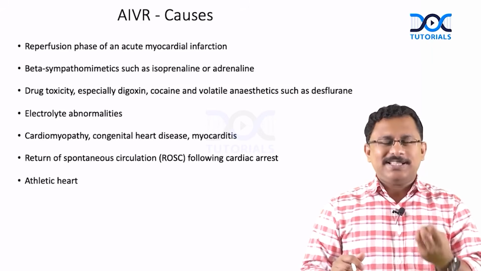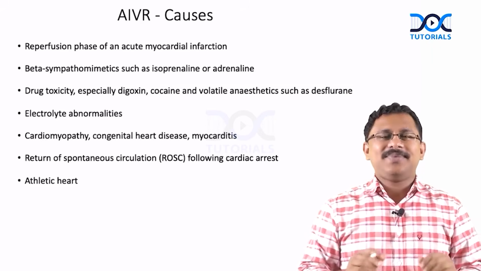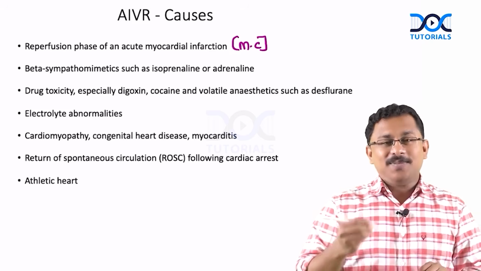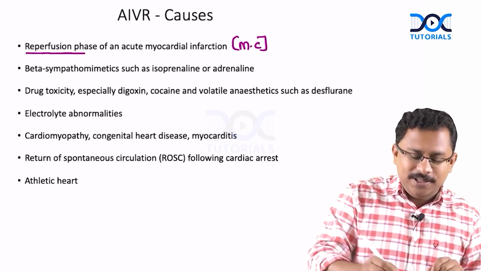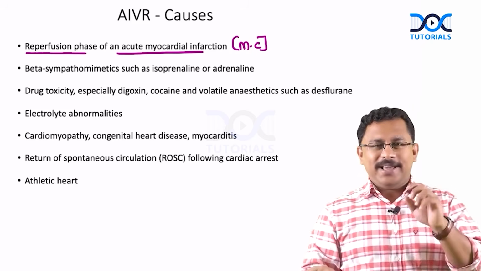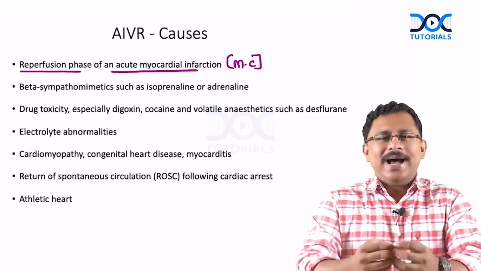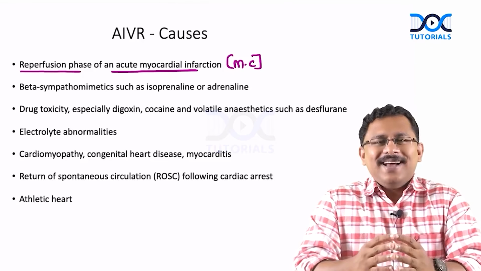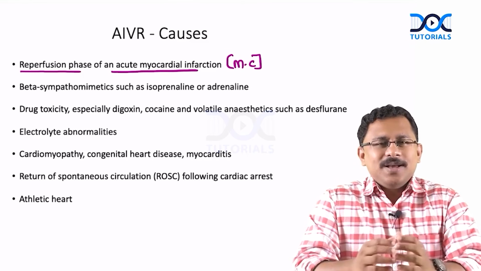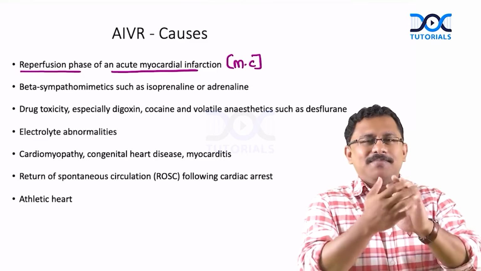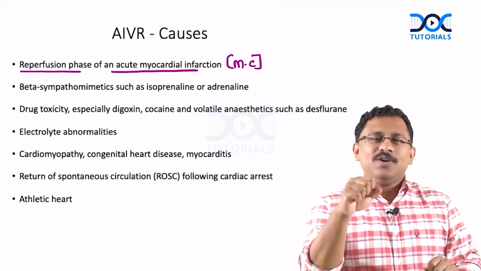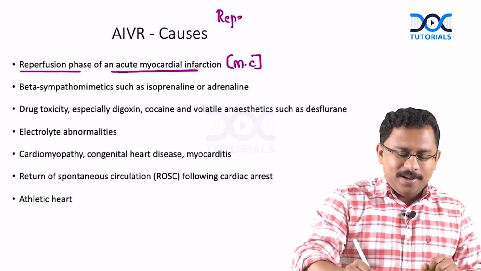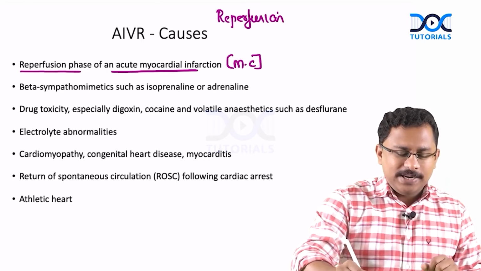Alright. Now accelerated idioventricular rhythm. There are various causes for it, but the most important one that I want you to remember, the most common arrhythmia related to AIVR, is during the reperfusion phase of acute myocardial infarction. When a patient is admitted with a ST elevation myocardial infarction and you are thrombolysing the patient, post thrombolysis, as a marker of reperfusion, you might have a reperfusion arrhythmia.